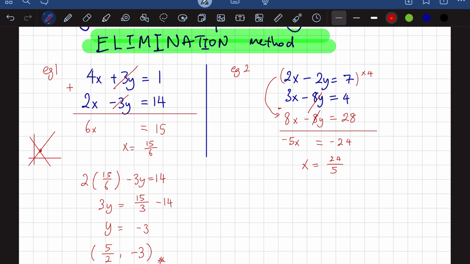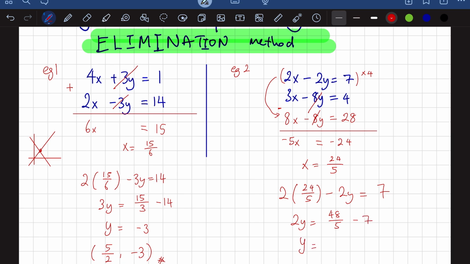Now, similar to what we have done earlier on, we're going to substitute into either equation 1 or 2, and that would help me solve for y itself. In this case, I'm going to substitute into equation 1. So it'll be 2 bracket 24 over 5 minus 2y equals 7. I'm going to bring my negative 2y to the right and 7 to the left. So 2y will be equal to 48 over 5 minus 7.